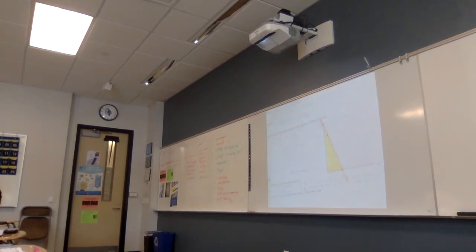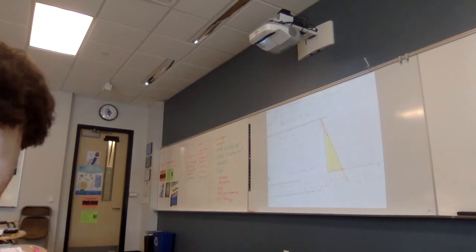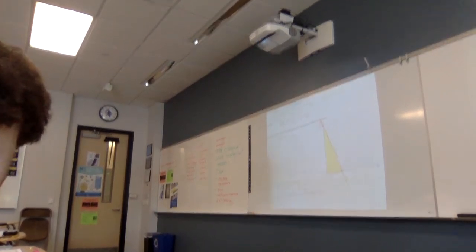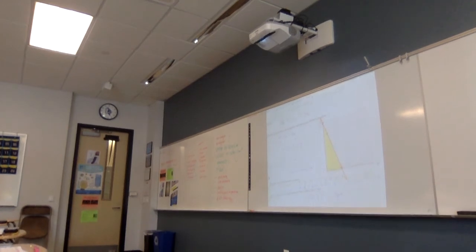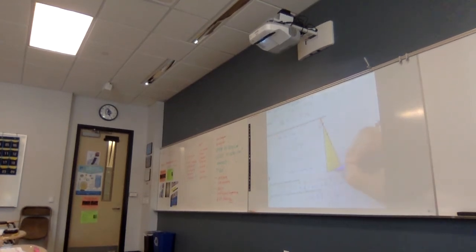Now my question to you is, does Walter have enough money to buy 2 videos and 3 CDs? How do you know? 2 comma 3 is in the shaded region.